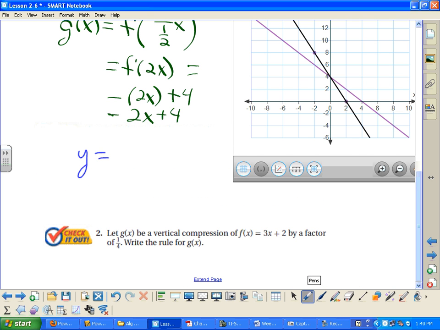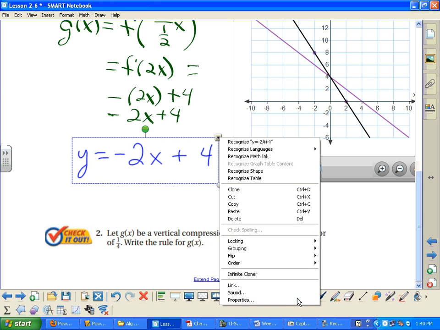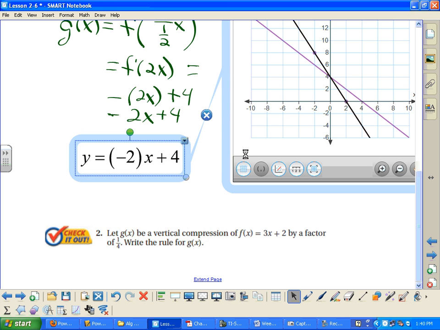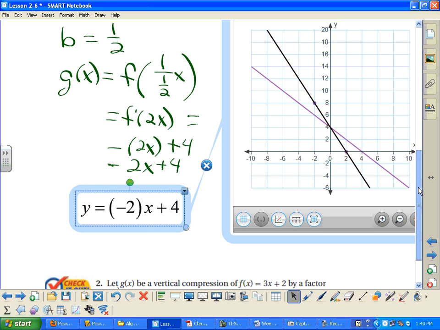Y equals negative 2x plus 4. All right. There it is right there in red. Okay? It's right on the other line in red. Okay? So were we right? We were. Okay?